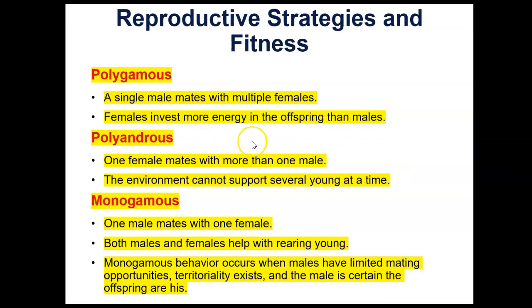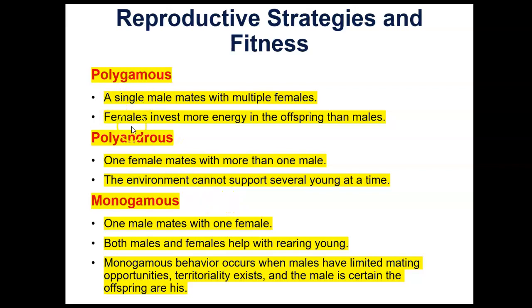All right, reproductive strategies and how they affect fitness of the organism. Animals can be polygamous, which is a single male with multiple females, polyandrous, which is one female with more than one male, and monogamous, which is one male and one female.